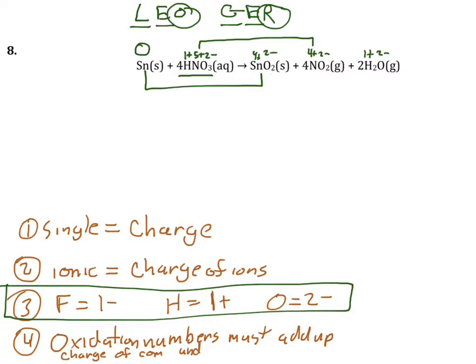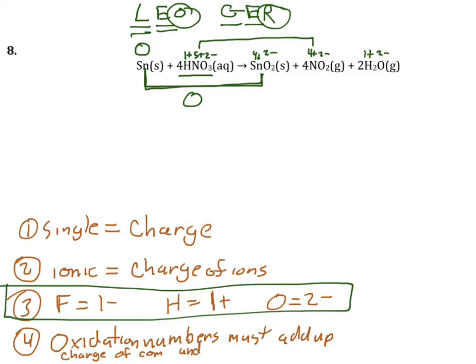We have to remember that they're negative. So when electrons are lost, something becomes more positive. And if you're losing negative charge, you become more positive. So tin must be losing electrons to go from 0 to 4 positive because it's becoming more positive. And if it loses electrons, it's oxidized. So this is being oxidized.